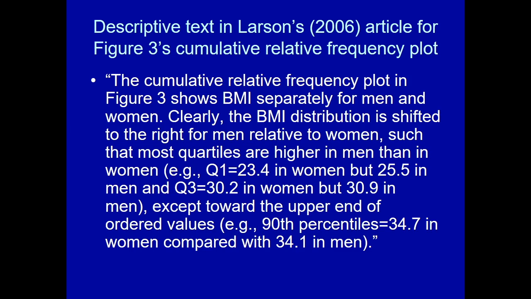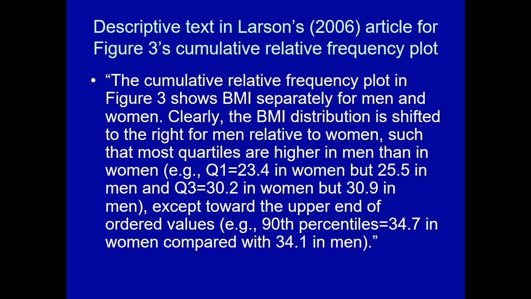The descriptive text write-up for the graph we just looked at on the previous slide is as follows, from a journal article published in 2006. The cumulative relative frequency plot in figure 3 shows BMI separately for men and women. Clearly, the BMI distribution is shifted to the right for men relative to women, such that most quartiles are higher in men than in women.